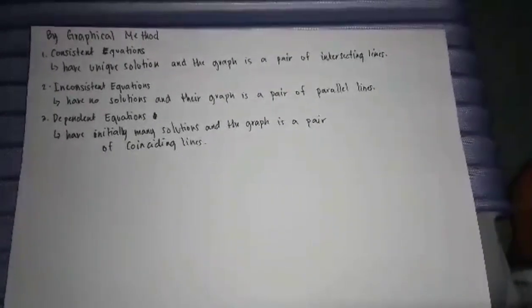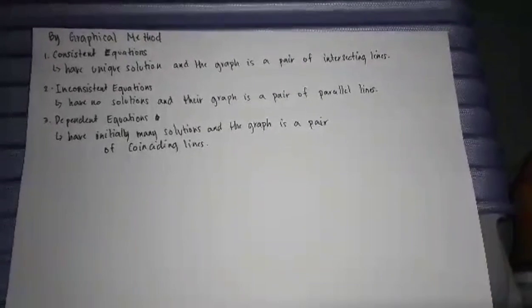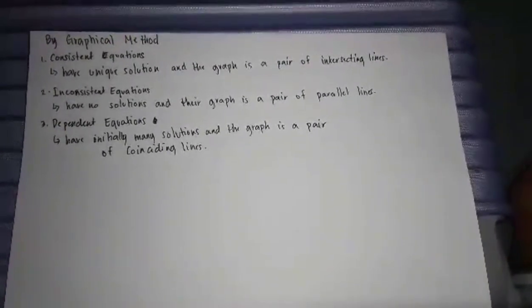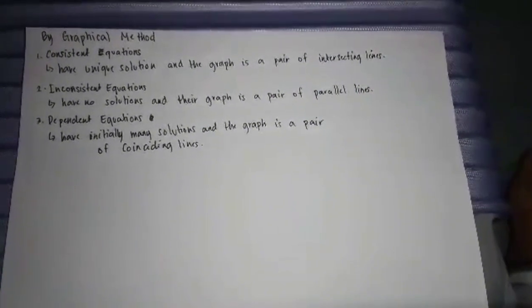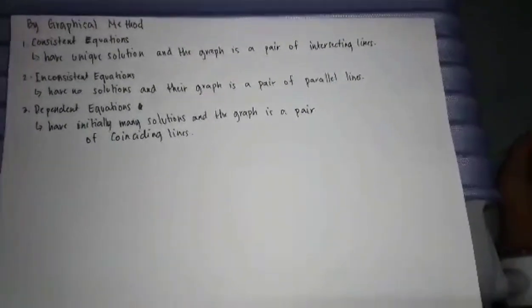First, we have to know about consistent equation. A consistent equation has a unique solution and the graph is a pair of intersecting lines. For example of consistent equation: x minus y equals 1 and x plus 2y equals 4.